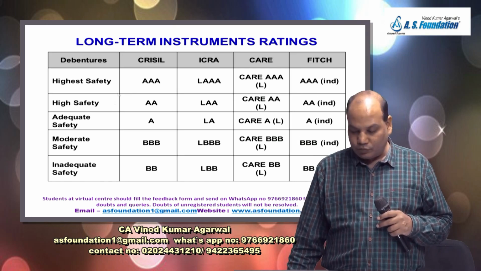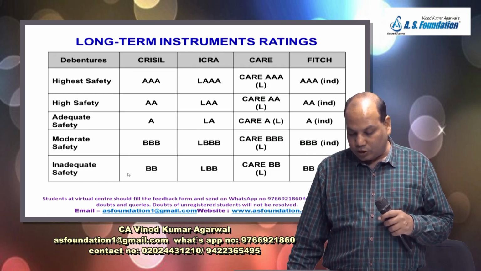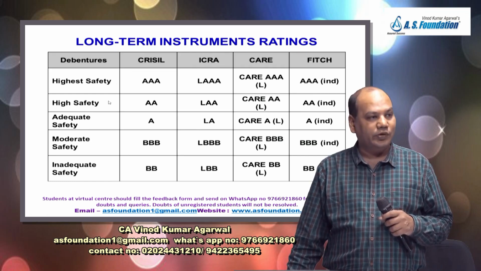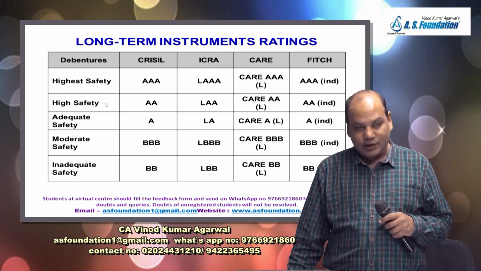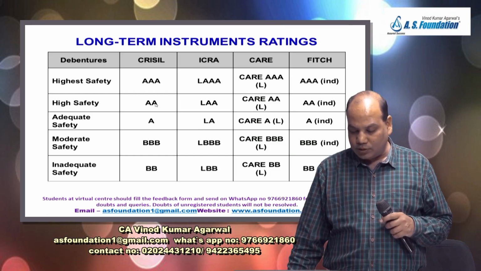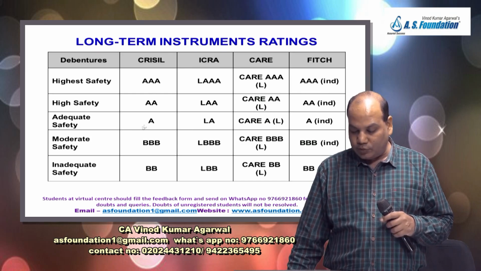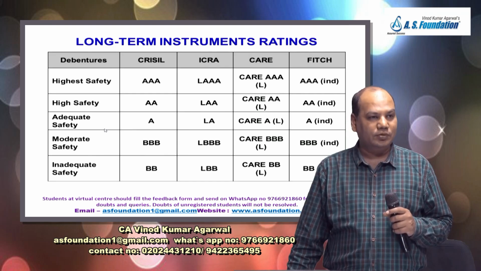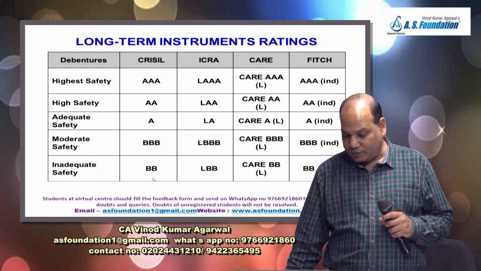Then high safety. So now as we move from top to bottom, the risk will increase. So triple A becomes double A, which means high safety. So this is also a very good instrument, but of course it has a little higher risk compared to triple A. Then if I move to A, it means adequate safety. Triple B, moderate safety. Double B, inadequate safety.